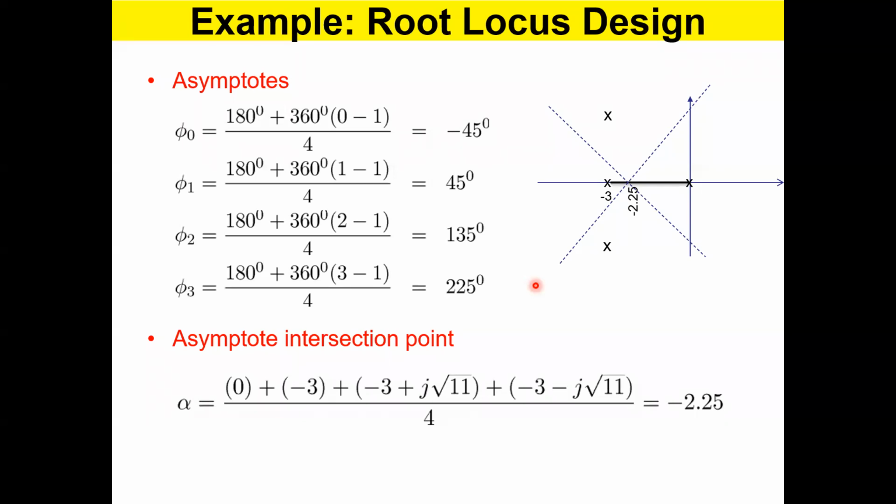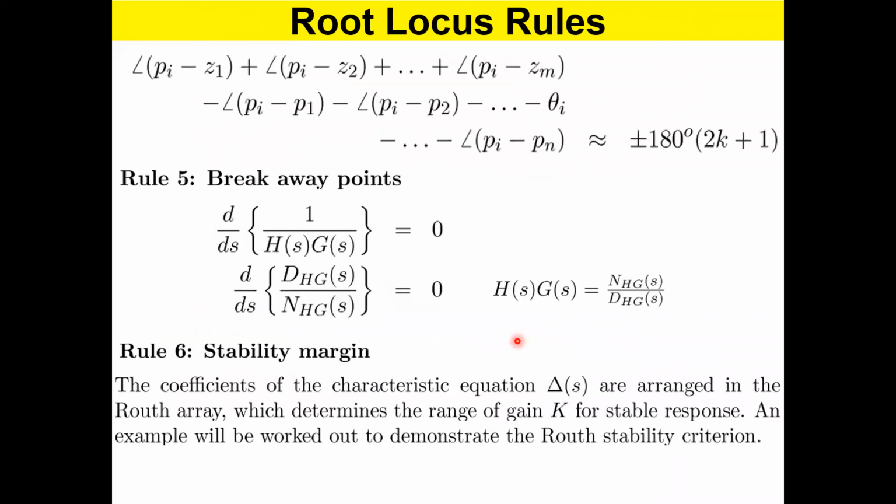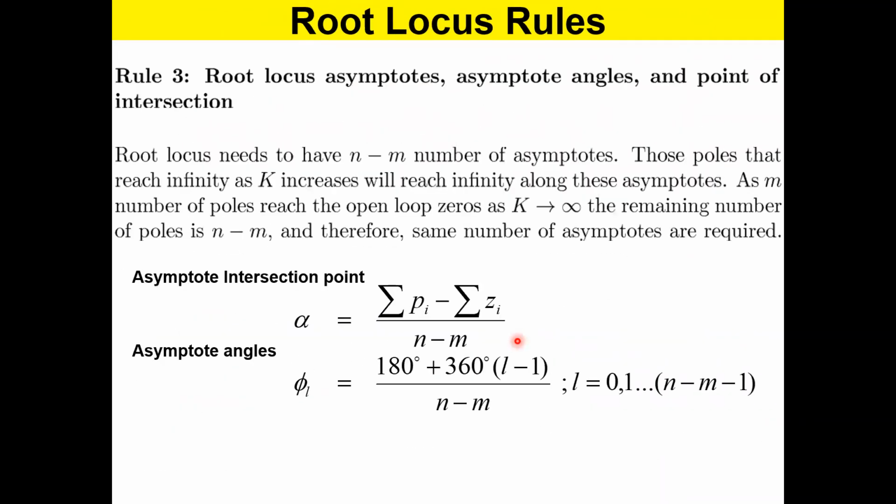So now we need to find these four asymptotes, in fact, two straight lines. They intersect at some point on the real axis. So we want to find out that point. So there's an equation for that, asymptote intersection point here, alpha.